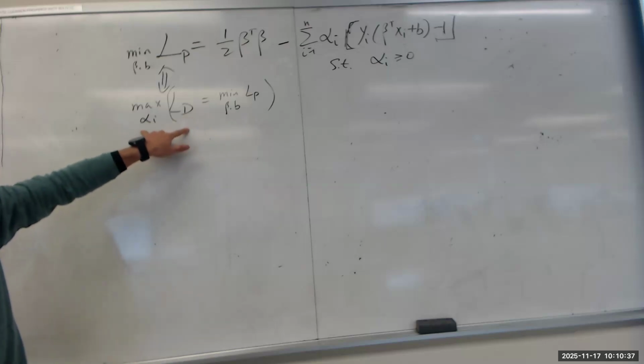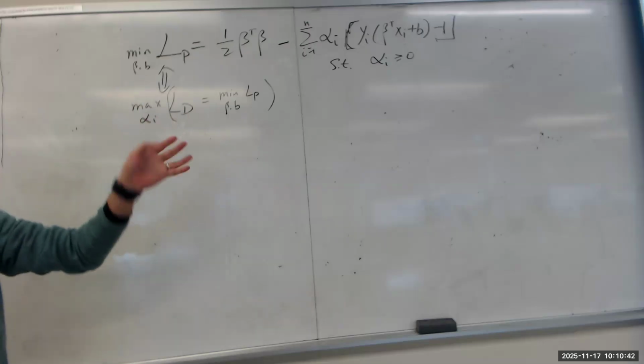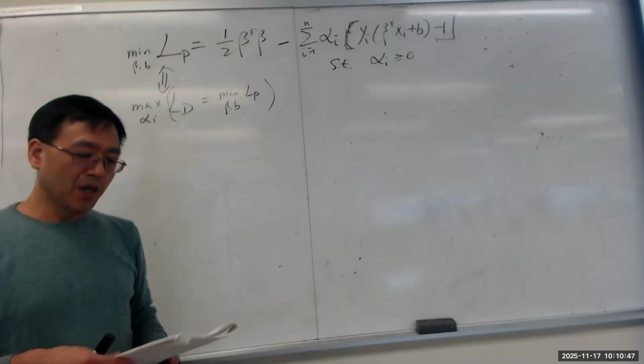Then in the dual function, you maximize this LD with respect to alpha i. If you forgot, you can go back and review that lecture.